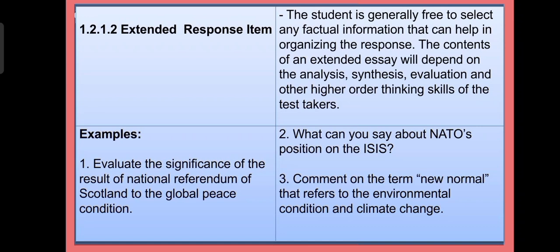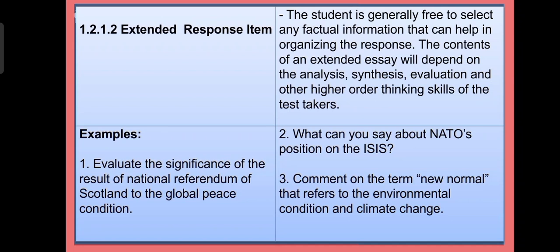Similarly, if a student is asked about NATO's position on ISIS, they would need to research NATO's policies towards terrorism and how it relates specifically to ISIS. Lastly, if a student is asked to comment on the term new normal, referring to environmental condition and climate change, they would need knowledge about climate change trends and how it affects our environment today.